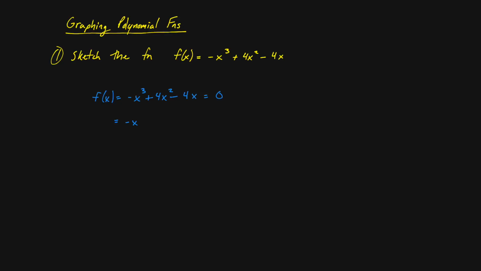What I like about factoring out a negative x rather than just an x is that I get rid of this negative here. That leaves x squared minus 4x plus 4, and that's going to be equal to 0.